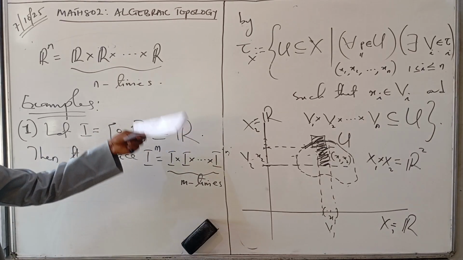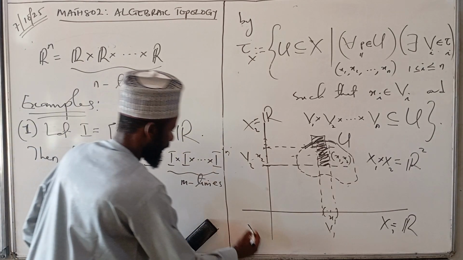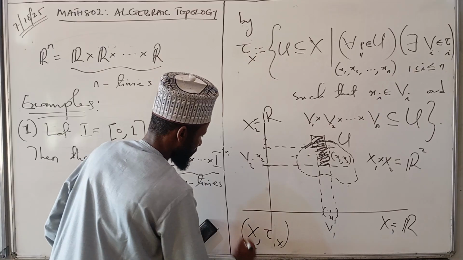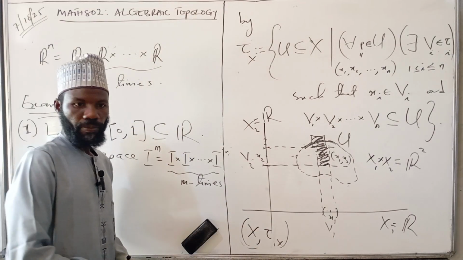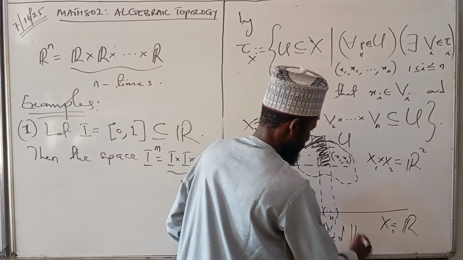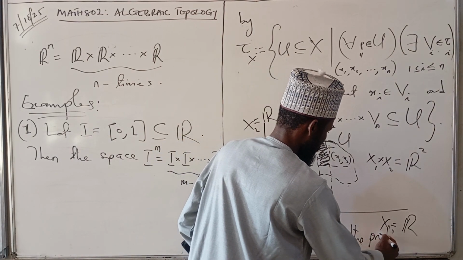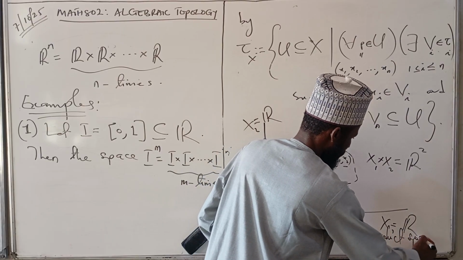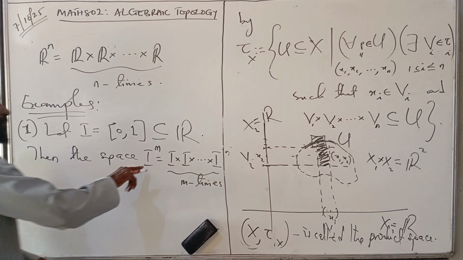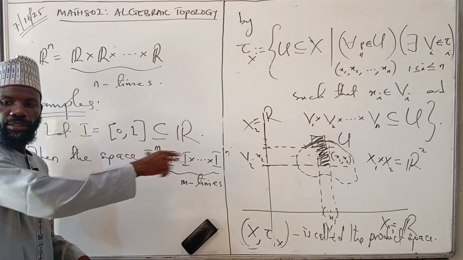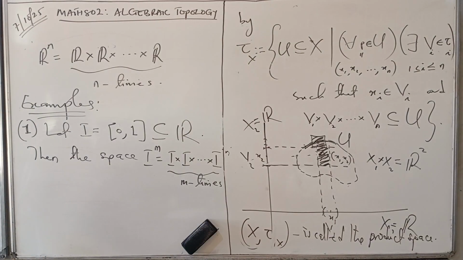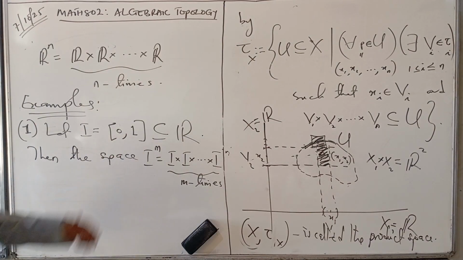In fact, I haven't mentioned over there that space X with respect to the product topology is called the product space, the product topological space with respect to the product topology. So you can obtain the product space, the m-times product of this, because this is seen as a topological space.